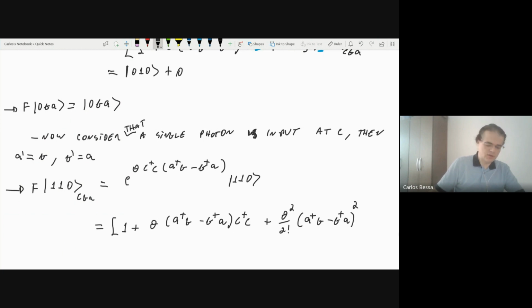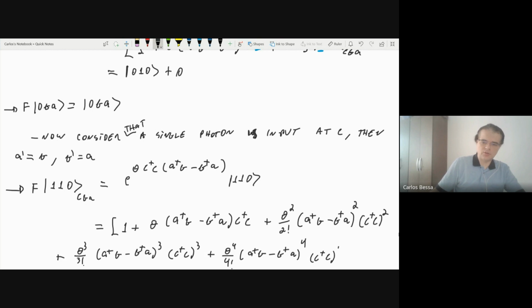I'll write it this way, okay? Square, C dagger C squared, plus the third term, A dagger B minus B dagger A to the cube, C dagger C to the cube, plus, you will understand why I'm going so far in a moment, because we see that this expression can be given in terms of sine and cosine, the general expression.